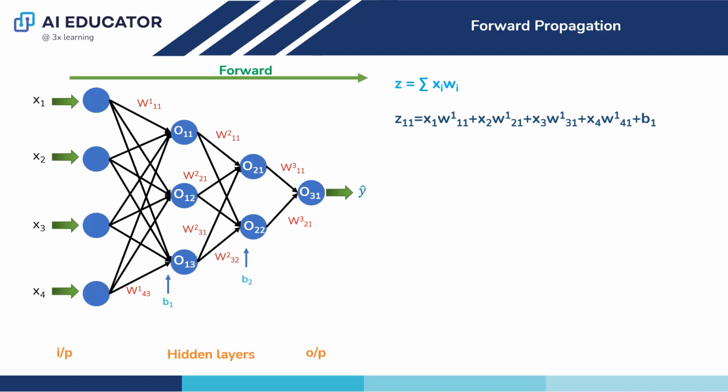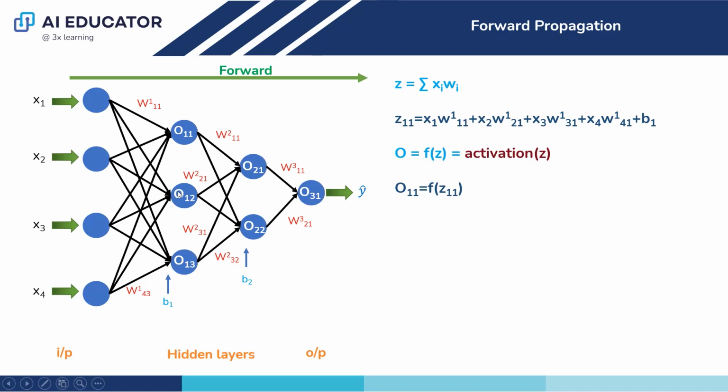Then the node will perform some activation function on this input. Let us call the output of activation function as O. So output of this particular node will be O11, which will be an activation function on Z11.